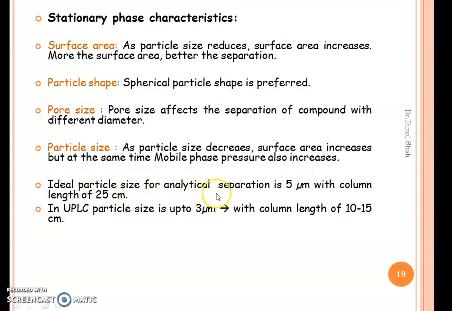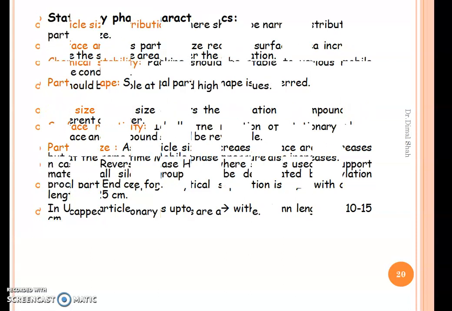The ideal particle size for analytical separation is 5 micrometer with a column length of 25 cm, but in ultra pressure liquid chromatography the particle size up to 3 micrometer is used, where the surface area increases, and to reduce the effect of column pressure the length of the column is reduced to 10 to 15 cm. So within a short period of time you can achieve a better resolution using UPLC columns.